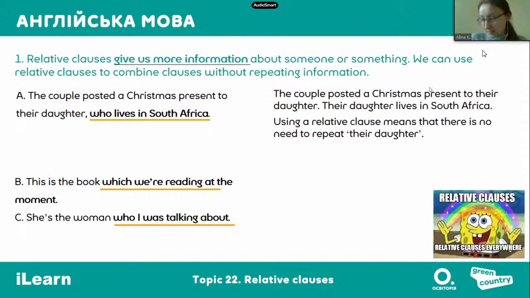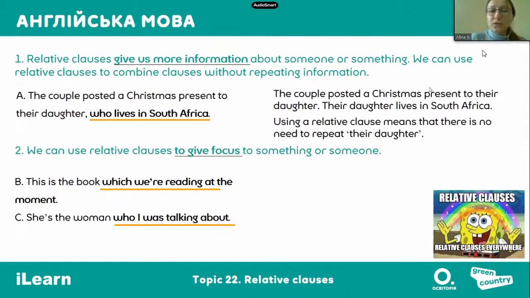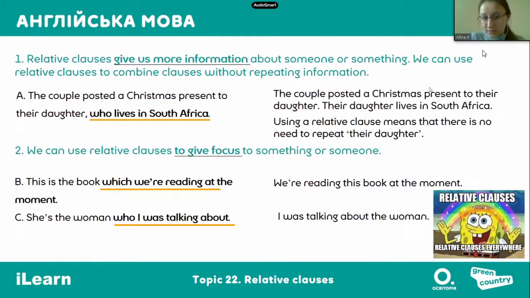But in these sentences, the relative clause helps us to give focus, to emphasize that we are reading exactly this book at the moment, and I was talking exactly about this woman. So we can use relative clauses either to give extra information about someone or something, or to give focus to something or someone.